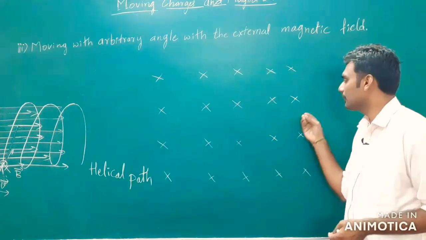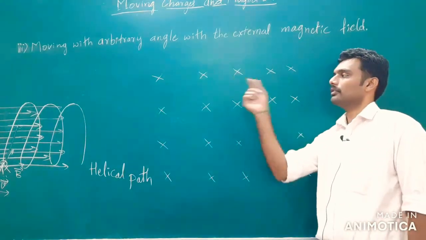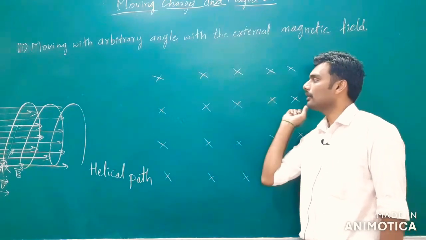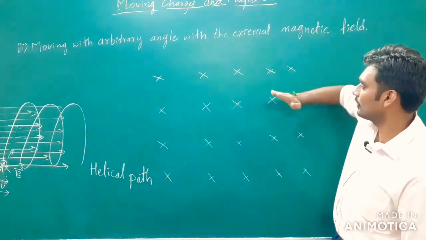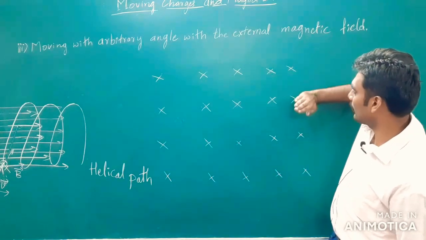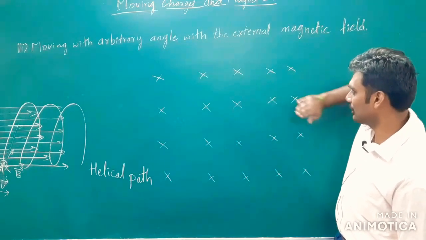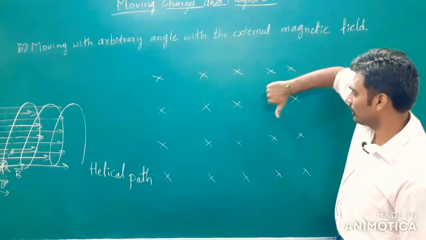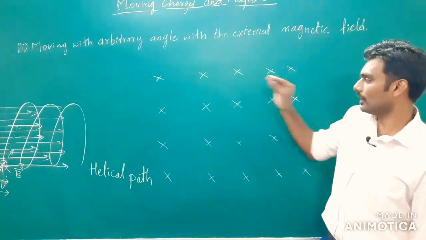Okay, so if I throw the body like this, then the body's velocity is like this, right? And this is B into the board. So V cross B, so the force would be downwards. So what happens if I throw it like this?